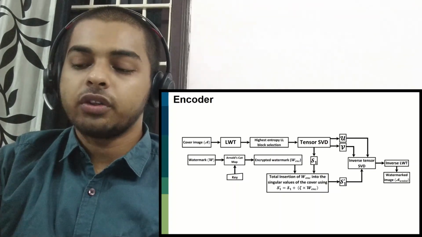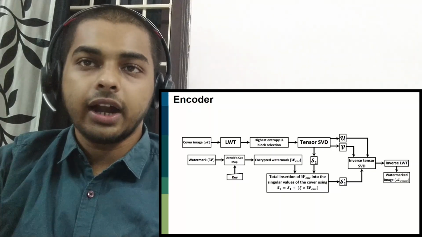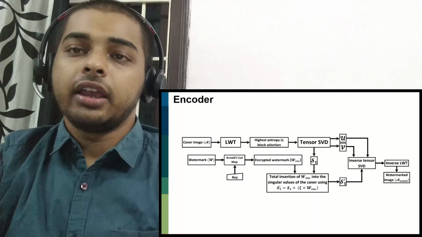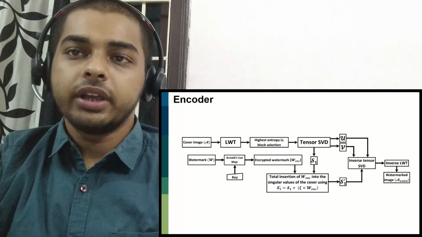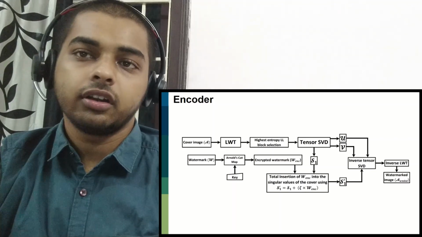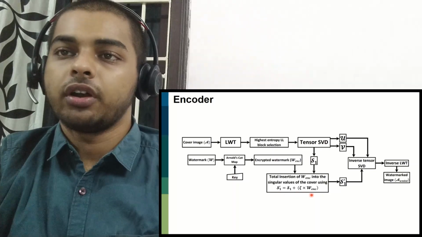And similarly, we are taking the watermark. Based on the user given key, we are encrypting the watermark using the Arnold cat map. After that, we are using an additive insertion based method to insert W encoded into the singular values of the cover image using this equation, S1 prime equals S1 plus zeta cross W encoded.